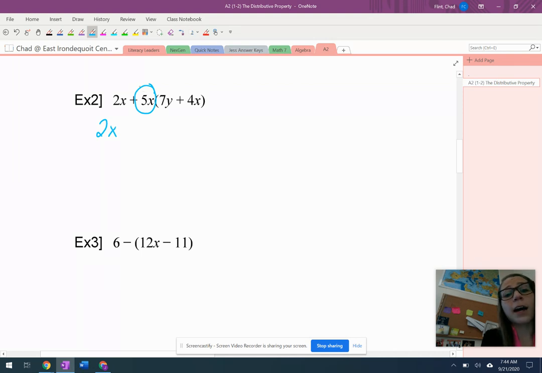So now 5x times 7y is a positive 35xy. And 5x times 4x is positive 20. And now x times x gets me that x squared.